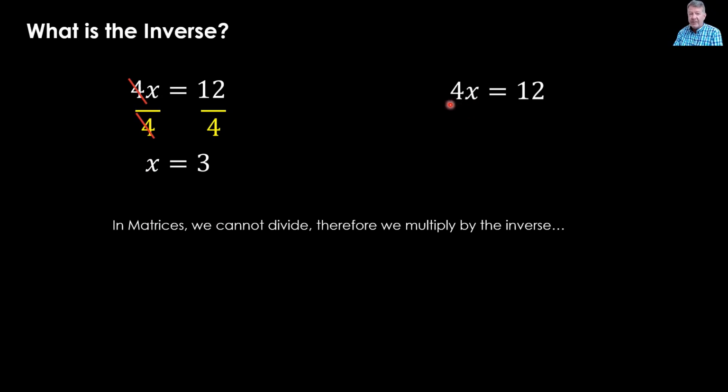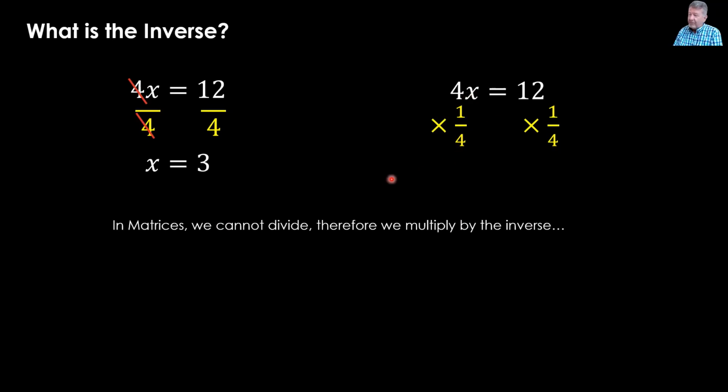But if you wrote 4 as a fraction, it would be 4 over 1, wouldn't it? The reciprocal of 4 over 1 is, flip it, 1 over 4. So we can multiply this by 1 over 4. Same as divide by 4. Technically, we're doing that over here, multiplying by 1 over 4.